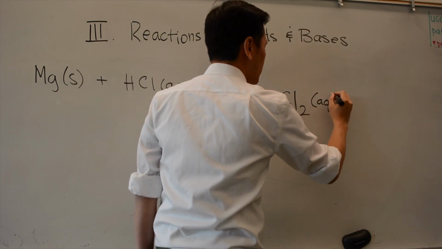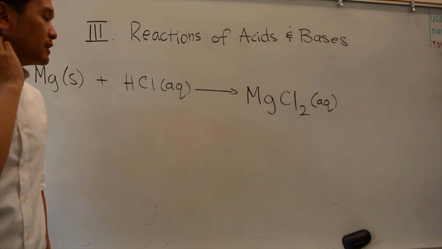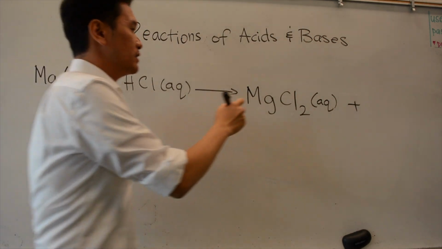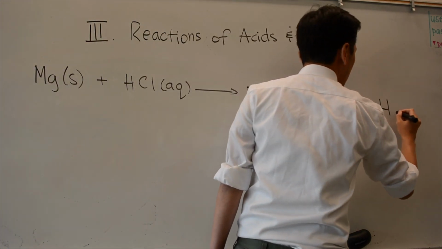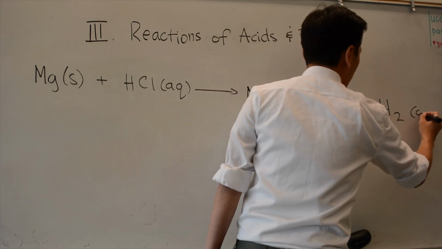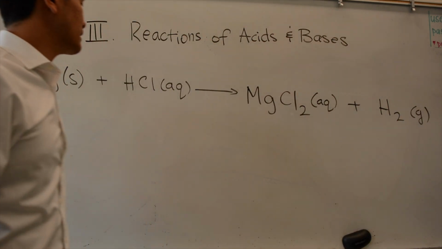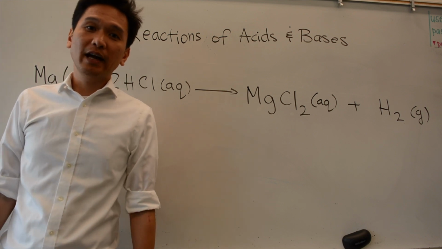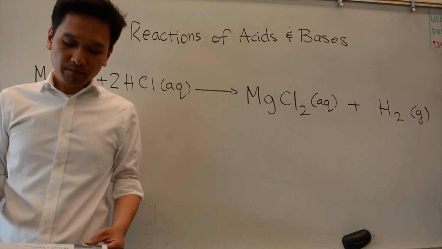That was dissolved in water, so it stays as aqueous. As a result, the hydrogen was displaced and escaped as a gas. Let's quickly balance this as a review. It looks like I need a 2 there. Okay, so that's one type of reaction we've seen so far.